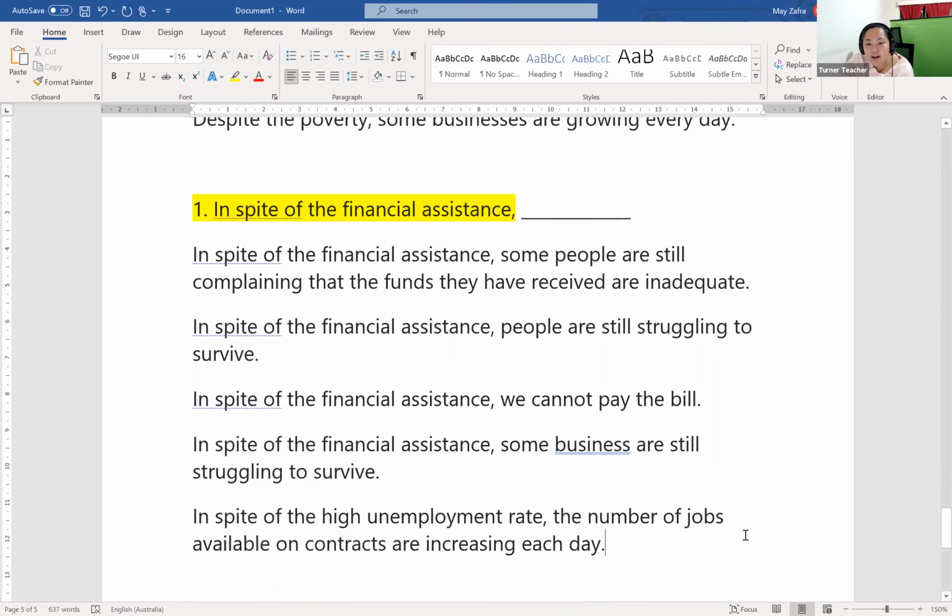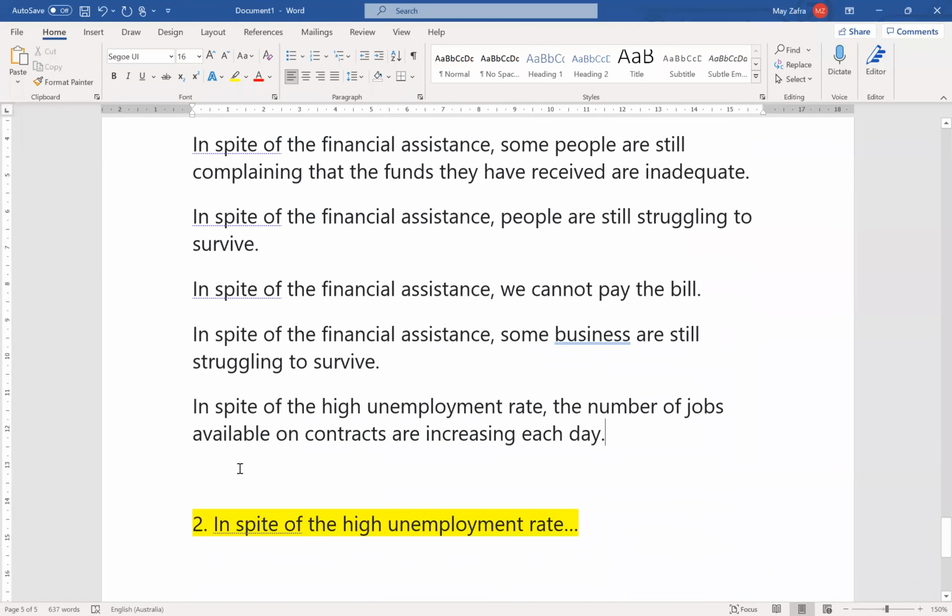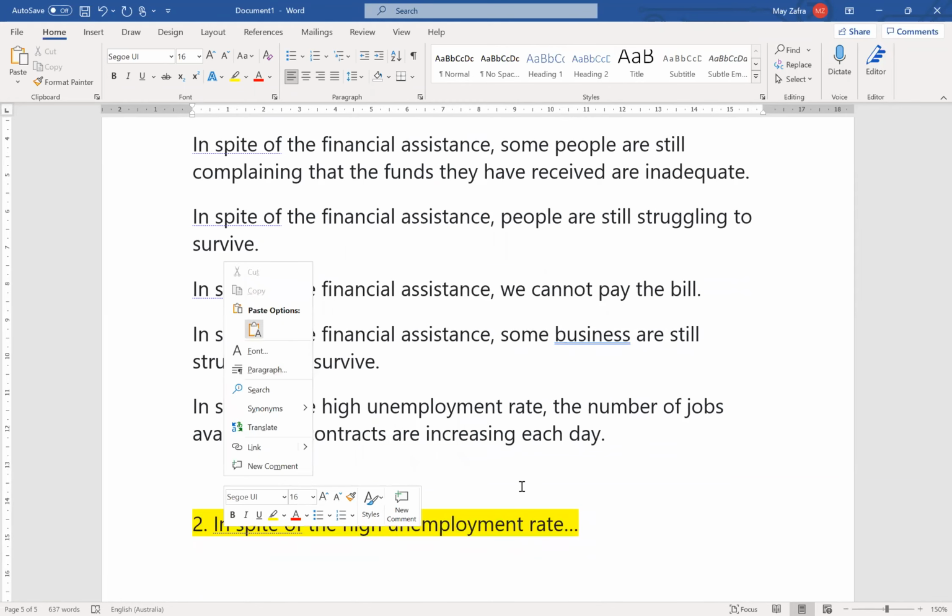In spite of the financial assistance, lots of restaurants are still closed. Closed? Yasmin, is it closed? Yeah. Are still closed.